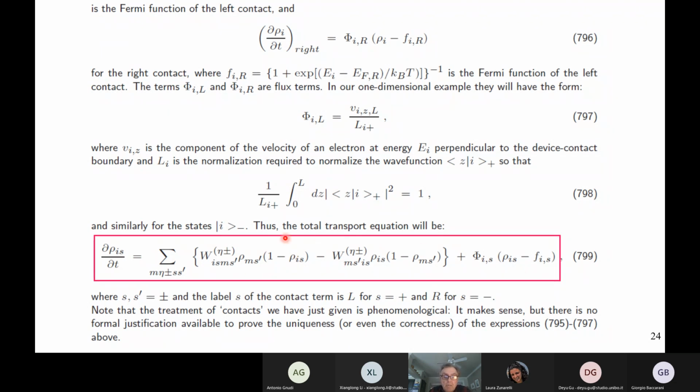But this is the same master operator we saw before, and this is just the effect of the contacts, which is the occupation which is maintained, or the contact attempts to maintain equilibrium, charge neutrality, sorry.